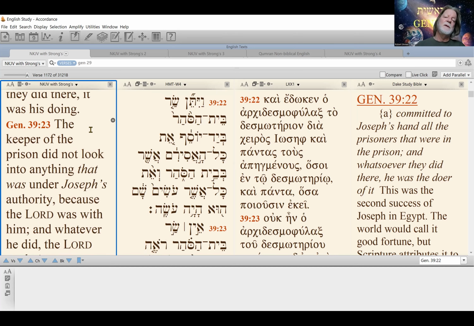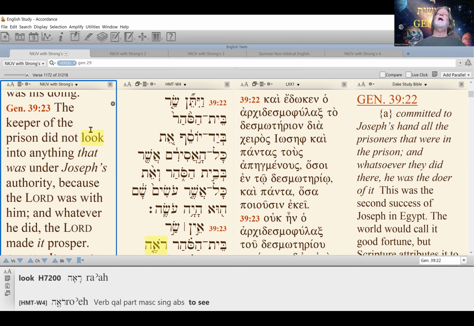There are a lot of things that the Bible doesn't say outwardly, but it hints at it sometimes repeatedly. So this description of the jailer that sounds almost identical to Potiphar may be a hint to us that we should understand that the jailer is Potiphar.